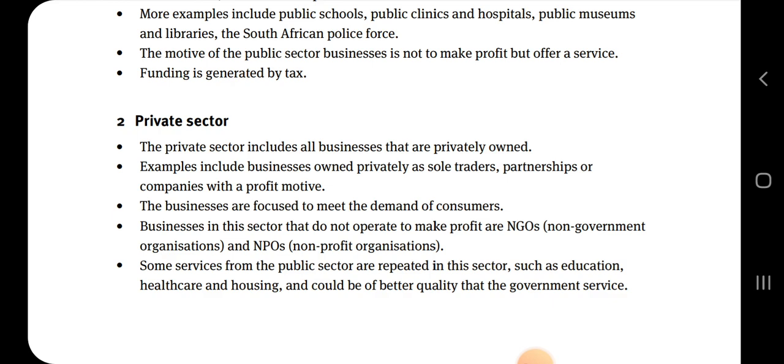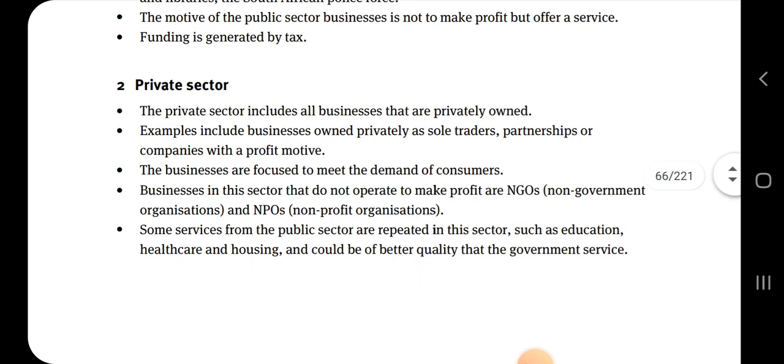Businesses in this sector that do not operate to make profit are NGOs, non-governmental organizations or non-profit organizations, whereby they do charge you, like let's say it's a tutor who has registered a non-profit organization. They charge you for tutoring service, but their aim is not actually to make a profit, they just use the money to run the business.